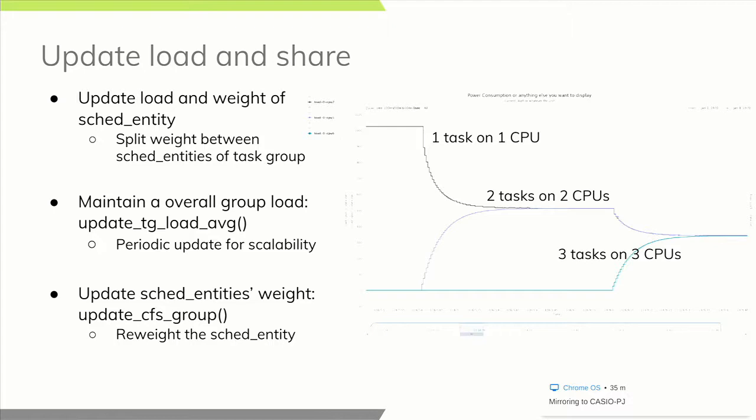So we are doing that something like every tick, in order to be scalable. And we are calling this function update CFS group. That's where we are resplitting, distributing the weight between all the run queues at the C group level.